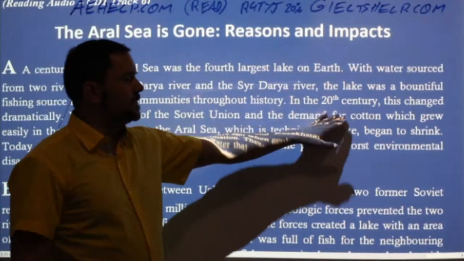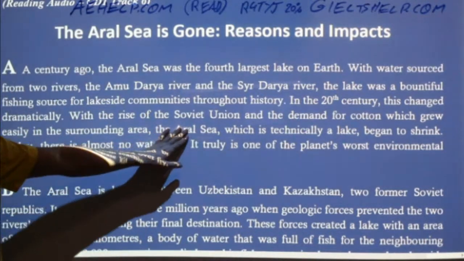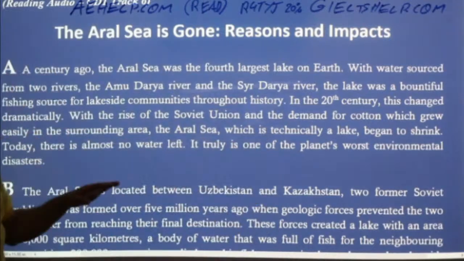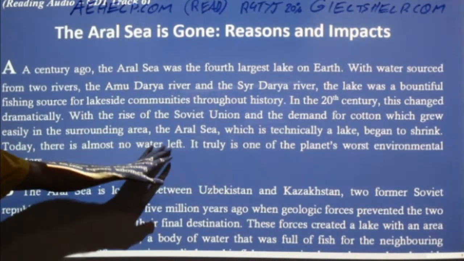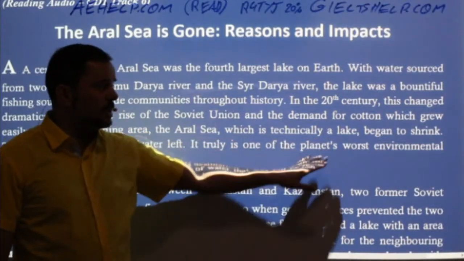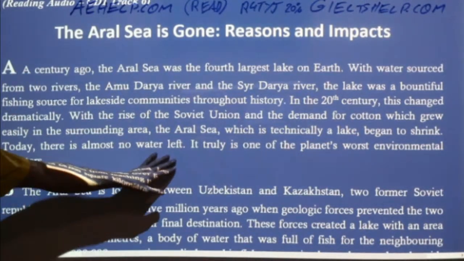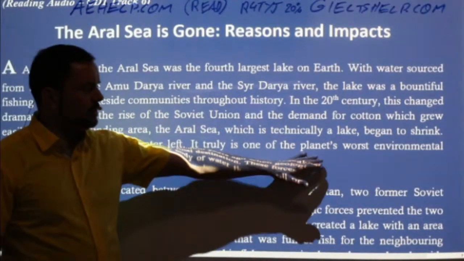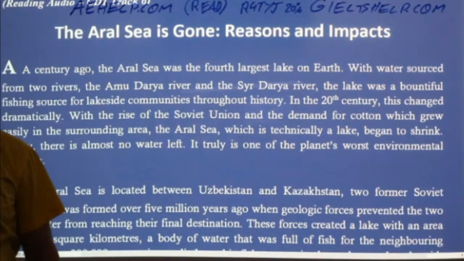In the 20th century, this changed dramatically with the rise of the Soviet Union and the demand for cotton, which grew easily in the surrounding area. The RLC, which is technically a lake, began to shrink. Today, there is almost no water left. It truly is one of the planet's worst environmental disasters.